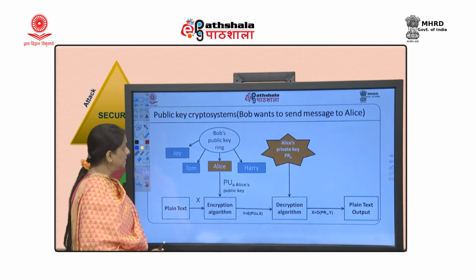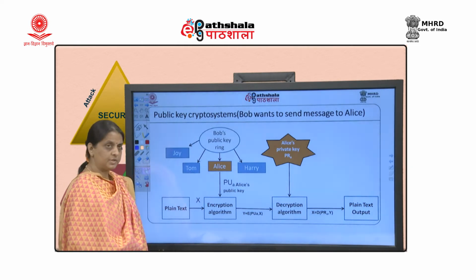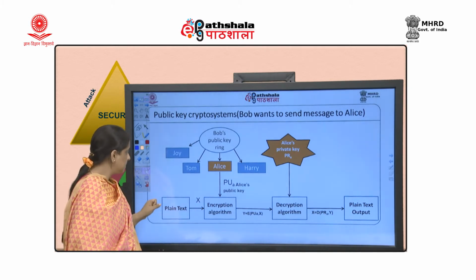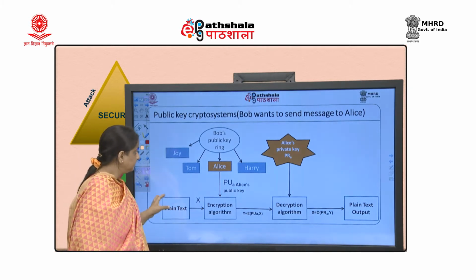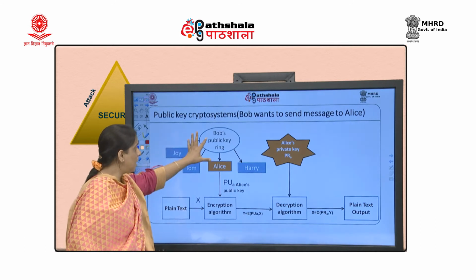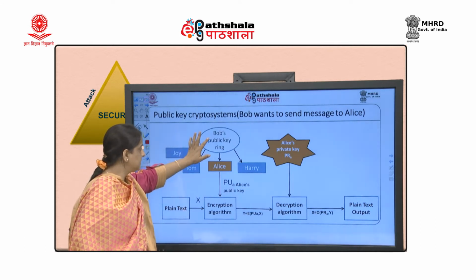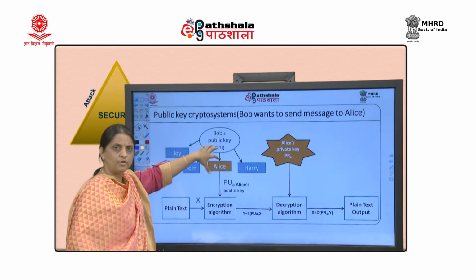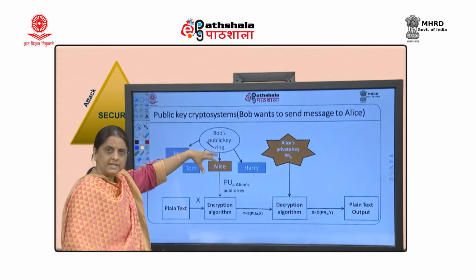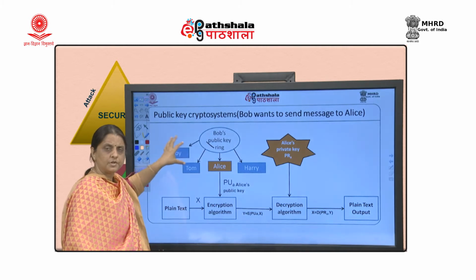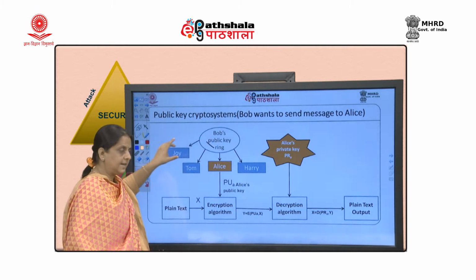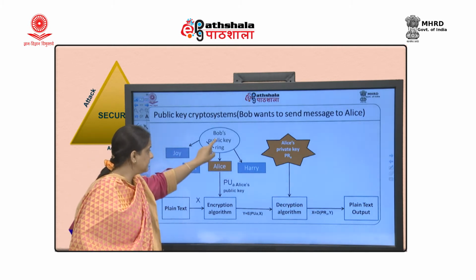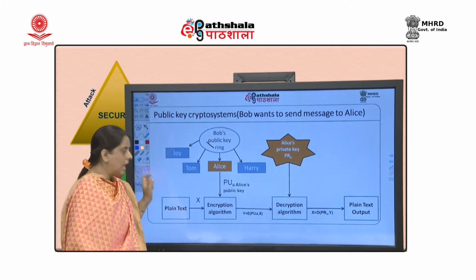Now going to public key crypto systems. This is a general block diagram of a public key crypto system. How does it work? Suppose Bob wants to send a message to Alice. Bob has a ring which maintains the public keys of the users with whom Bob communicates: Joy, Tom, Alice, Harris.